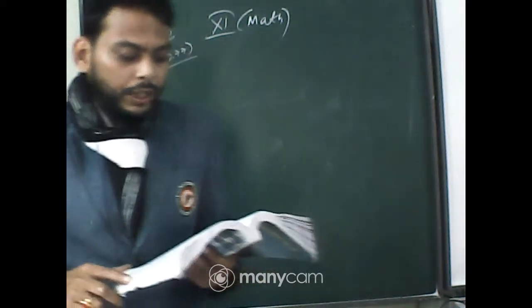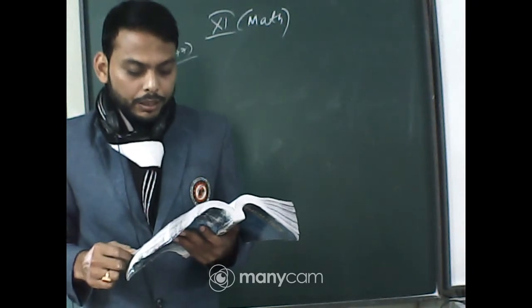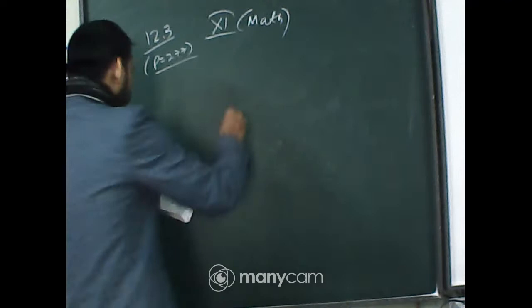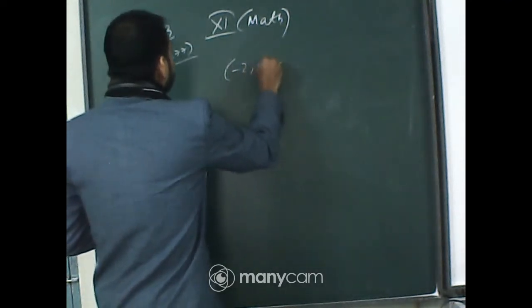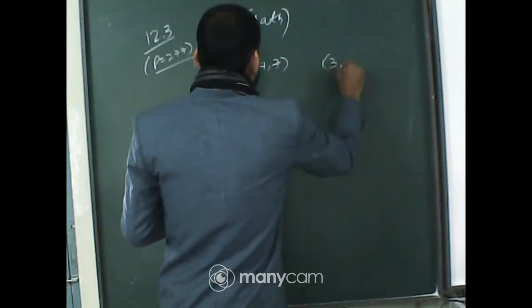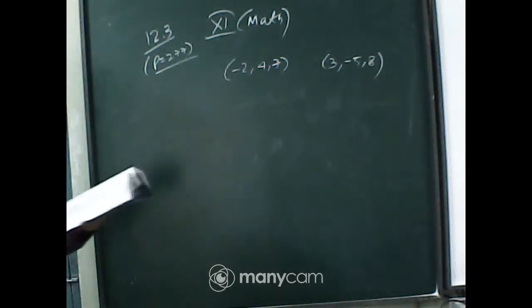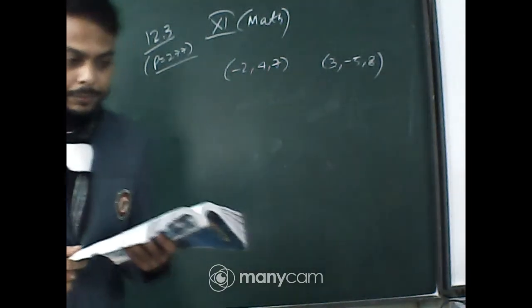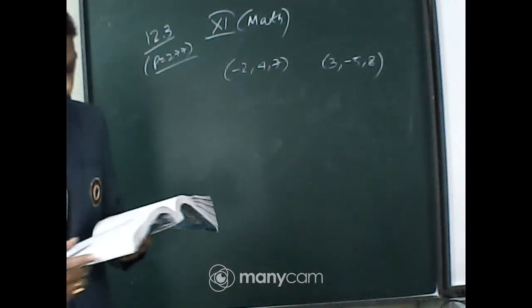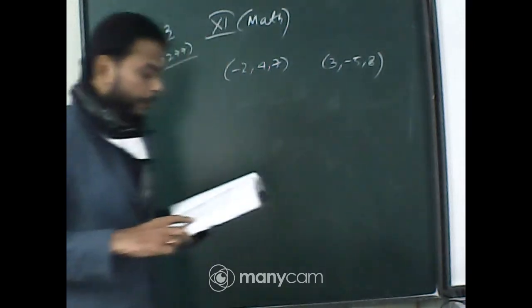Find the ratio in which the YZ plane divides the line segment formed by joining the points minus 2, 4, 7 and 3, minus 5, 8.